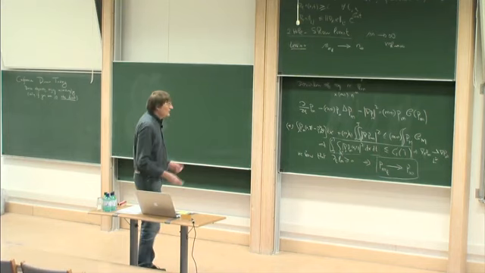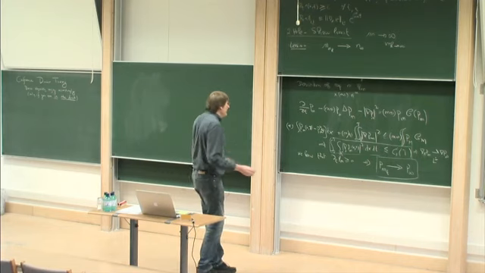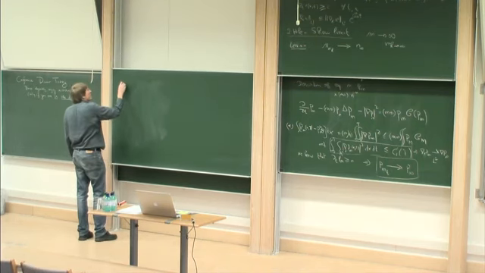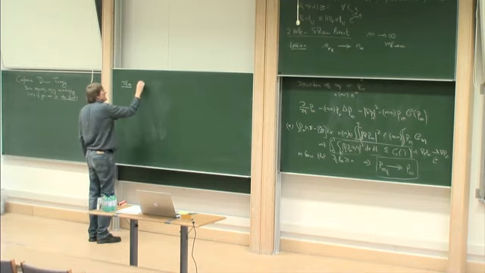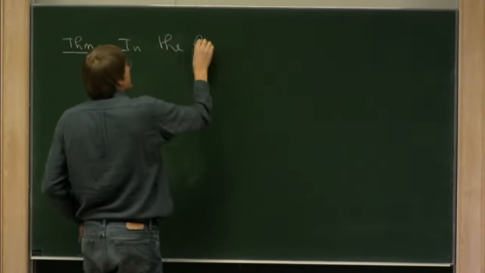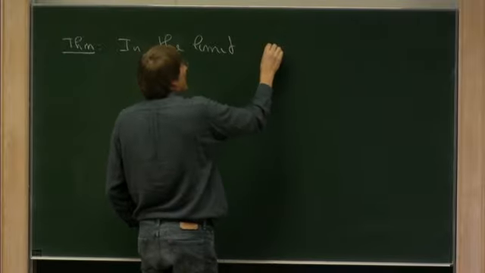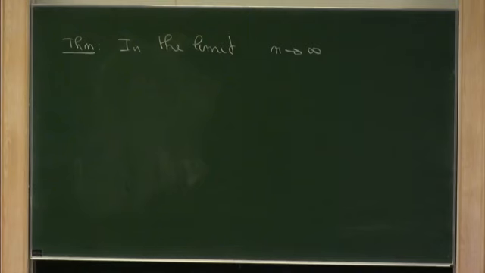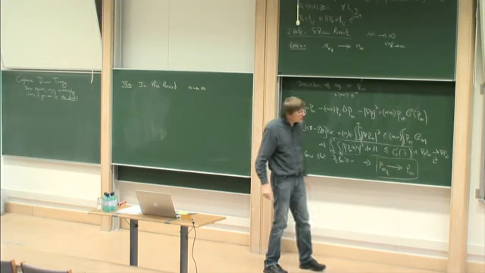Okay, so now everything is fine. We have all the ingredients for the theorem. The theorem says that in the limit m tends to infinity, n converges strongly, the gradient converges weakly, and the pressure converges strongly.